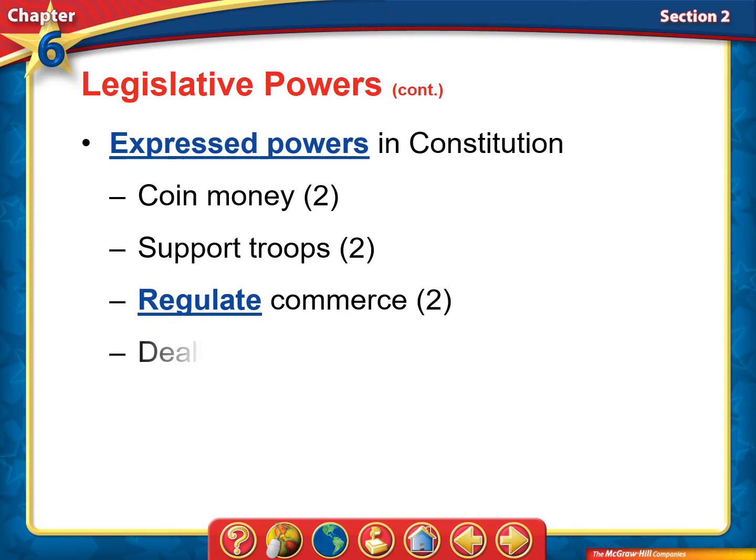They also deal with foreign countries. It is the job of Congress ultimately to make decisions that affect trade with other countries, that affect relationships with other countries. Now, the president is in charge of foreign policy, but ultimately those big decisions have to go through Congress.